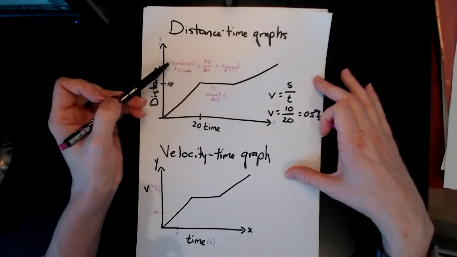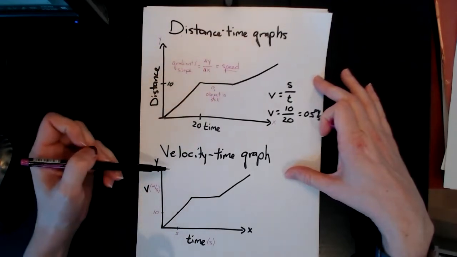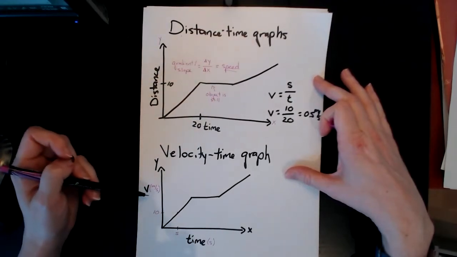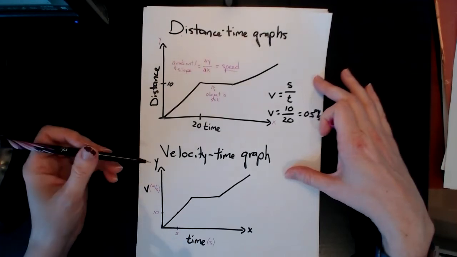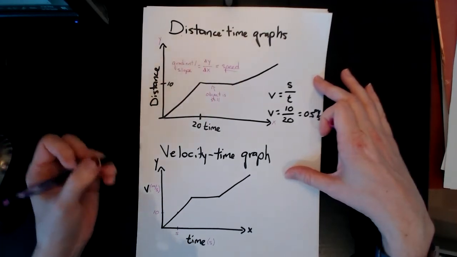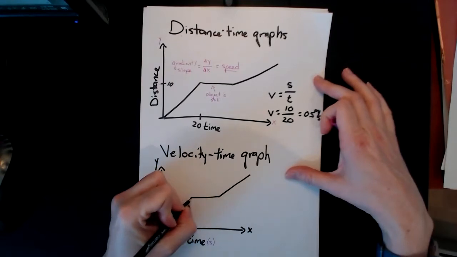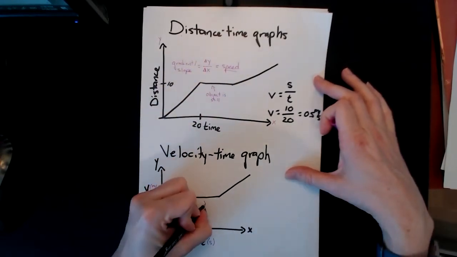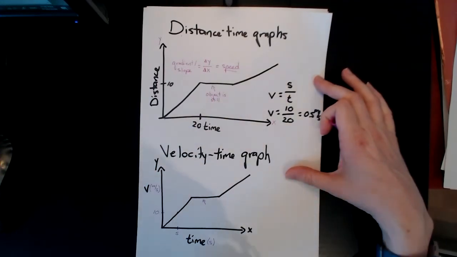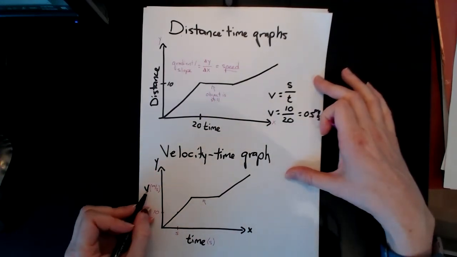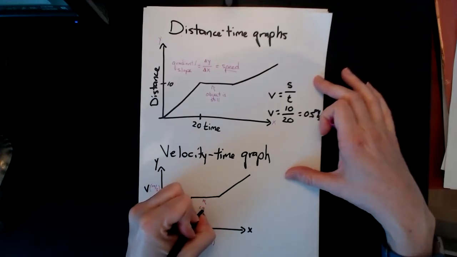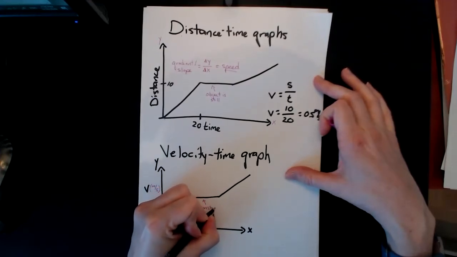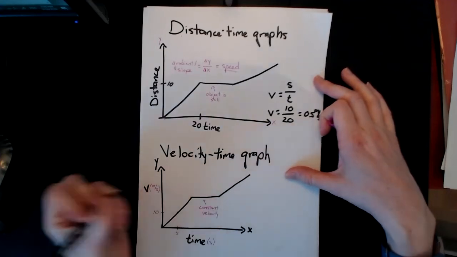So you don't need to do the gradient or the slope in order to find the speed on a velocity time graph. That's literally what the y values are. Instead, the gradient or slope means something different, okay? The other thing is that this flat line here doesn't mean that the object isn't moving. Instead, it means that the object has a constant velocity, that there is no acceleration, all right?